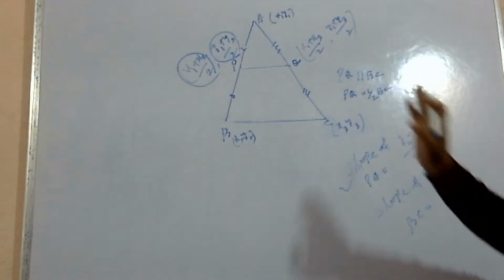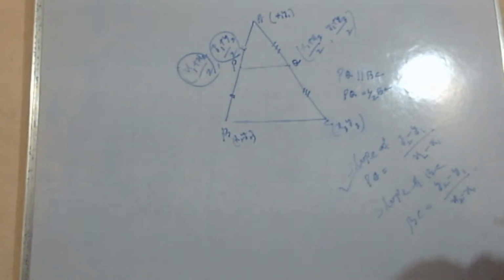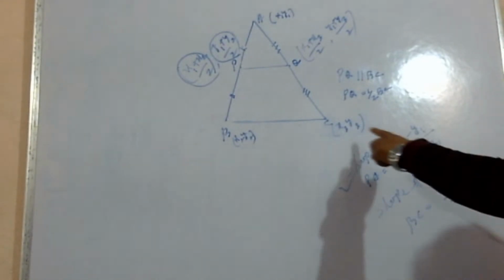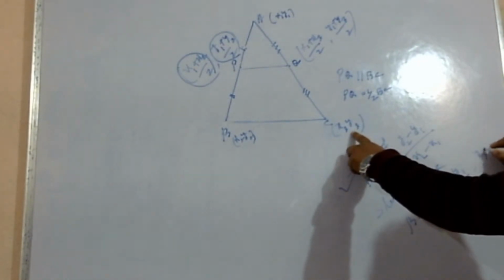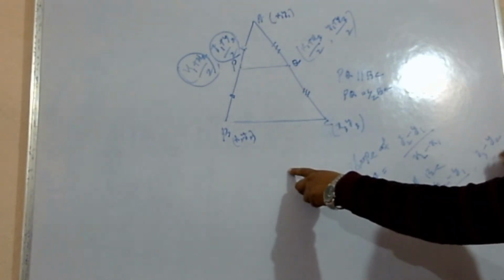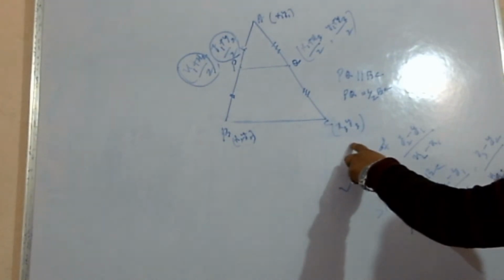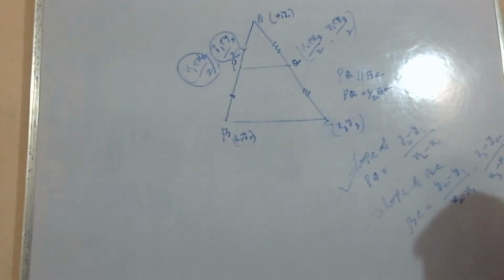According to this, the slope of BC is y3 minus y2 by x3 minus x2.